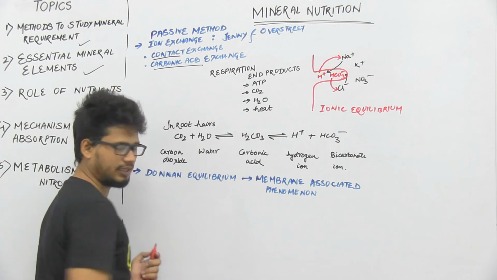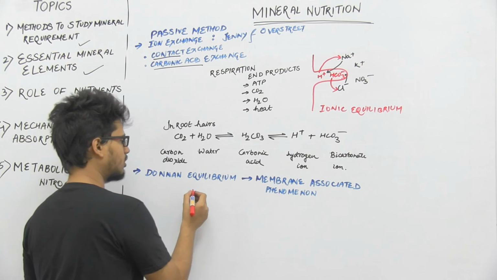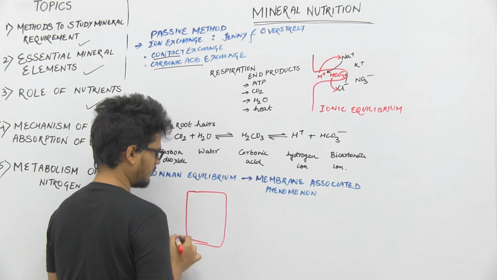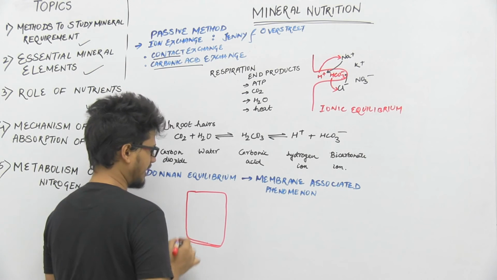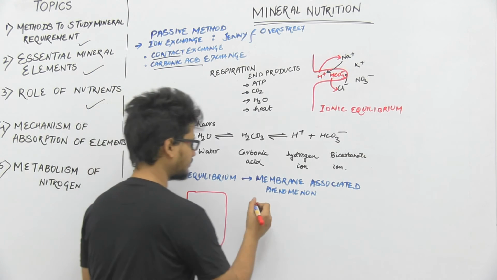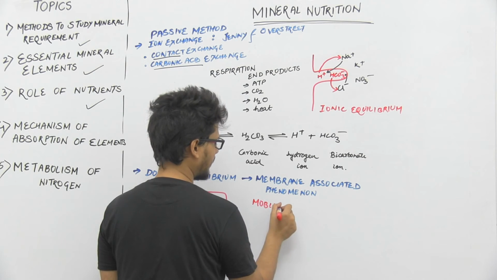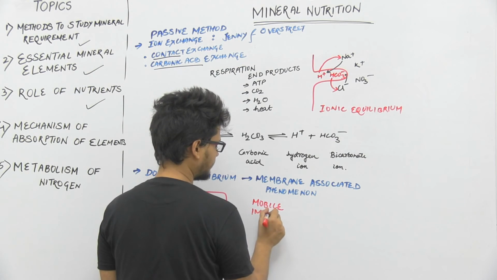So we will give terms to the different ions here. The terms that we're giving are mobile and immobile.